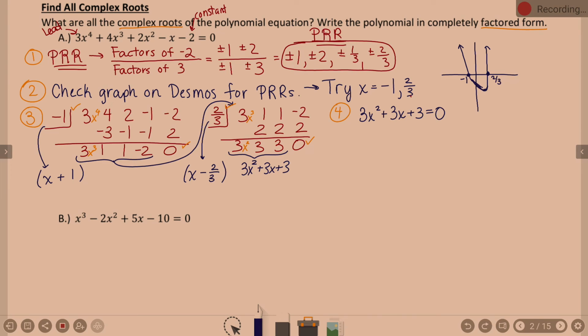Divide by 3. Okay, can we divide a 3 out of there? We have an equation equals 0, so I'm not even going to factor it out and put it out front. I'm just going to divide it out. So I'm going to have x squared plus x plus 1 equals 0. That looks a little bit nicer, right? A little bit smaller numbers to work with.